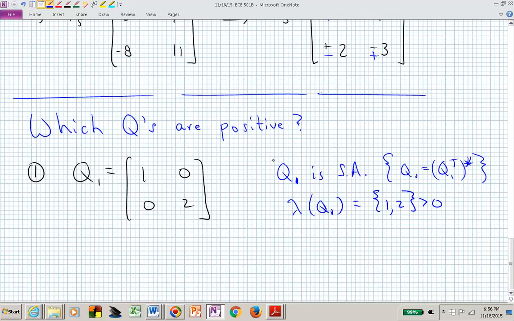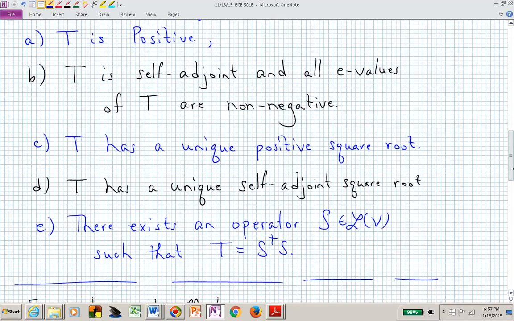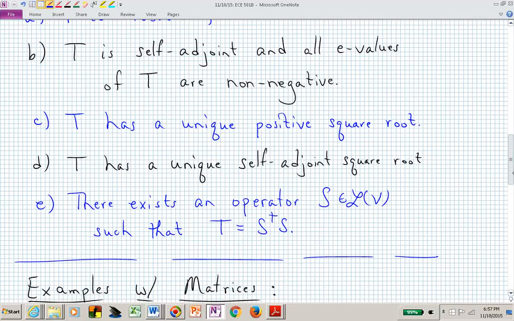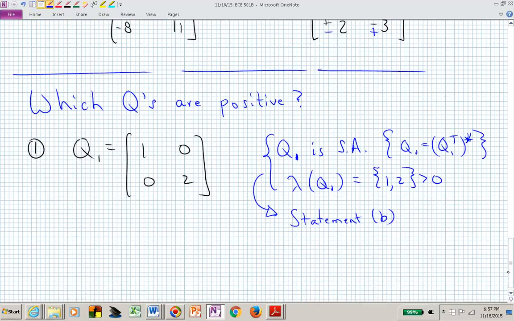So these two combined give us statement B, that T is self-adjoint, and so if it's a matrix, the matrix representation is self-adjoint and all eigenvalues are non-negative.